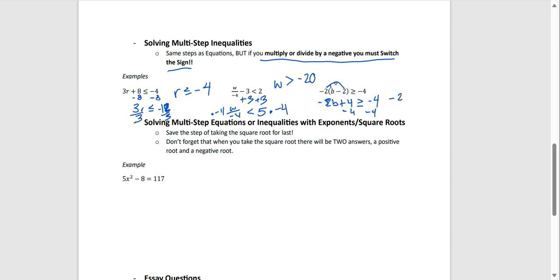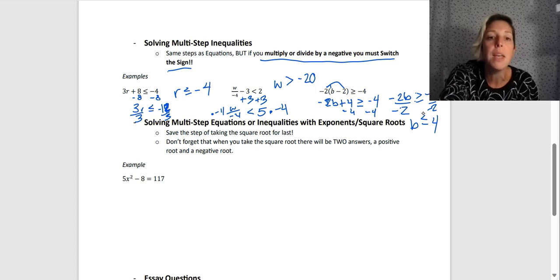That's going to give me -2b is greater than or equal to -8. Again, I'm not changing the sign yet because I'm subtracting. Subtracting doesn't switch the sign. Divide both sides by -2, and we get b is less than or equal to 4. I'm switching the sign here because I divided by the negative, right?